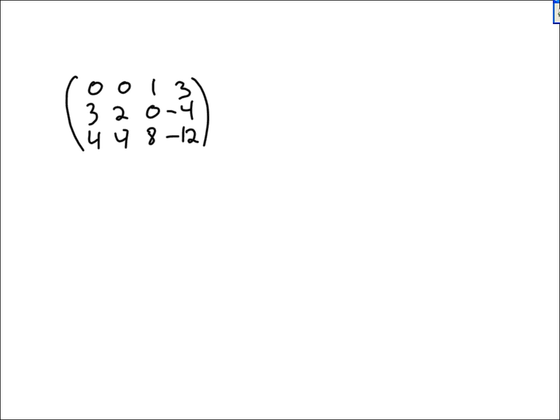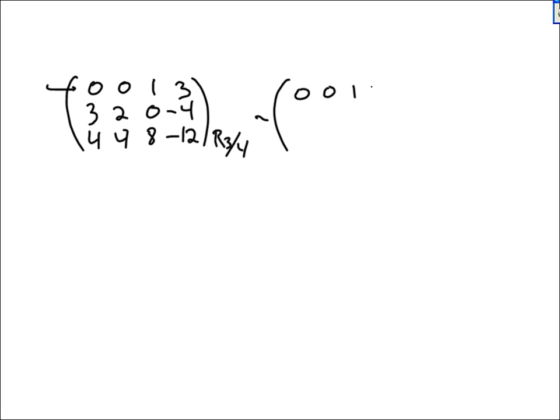The first thing I would like to do is get a non-zero entry in the top left position. I can either interchange row 1 and 2 or row 1 and 3. Now, maybe even before I do that, I can take the third row and divide each entry by 4 without creating fractions.